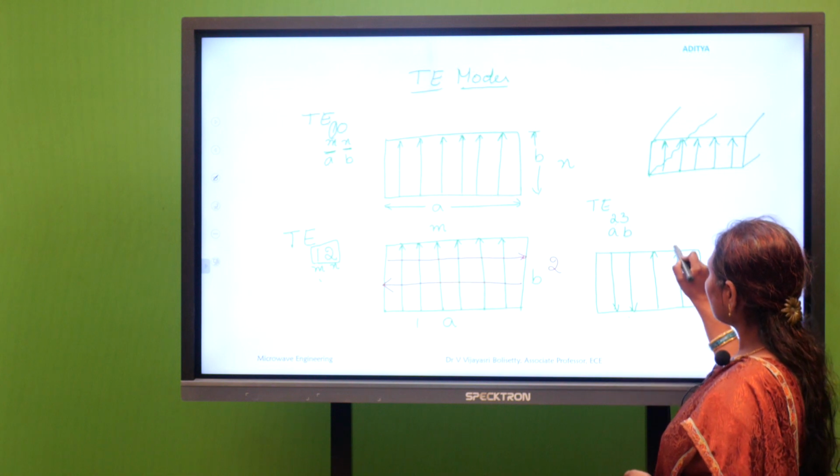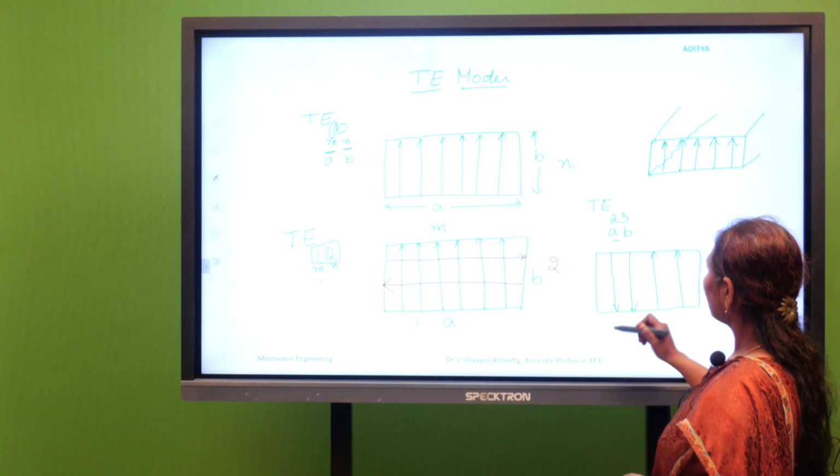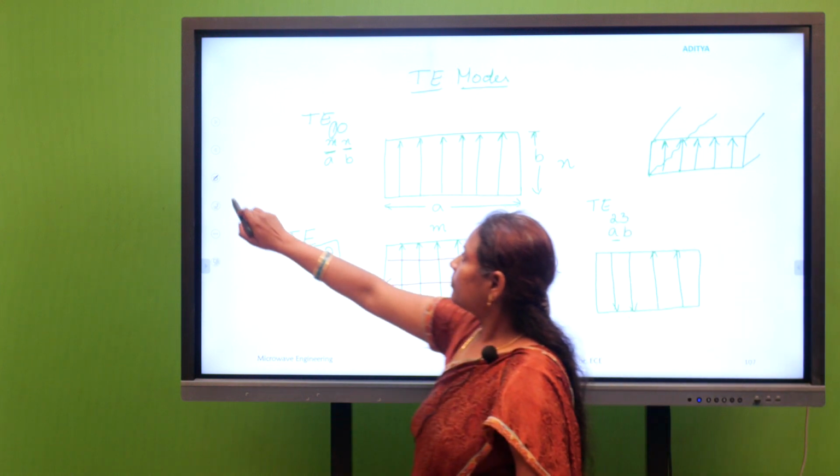So, this is one variation and this is one variation, 2 variations, and 3 variations onto B.